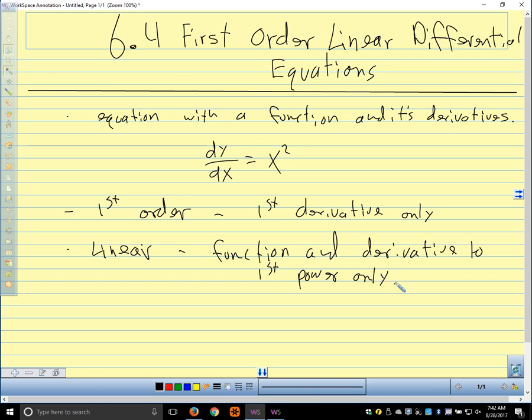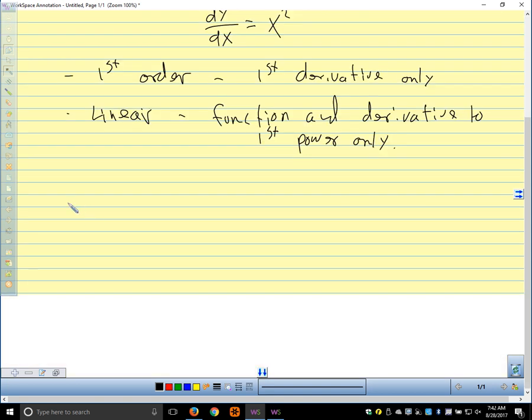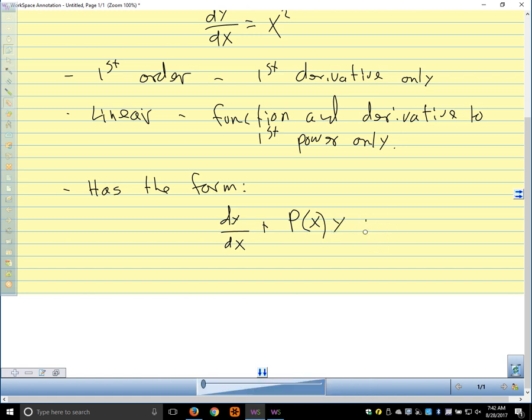All right, so our first order linear differential equation has the form dy dx plus p of x times y, some function of x times y, equals q of x.